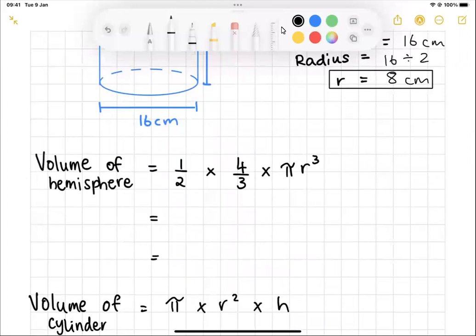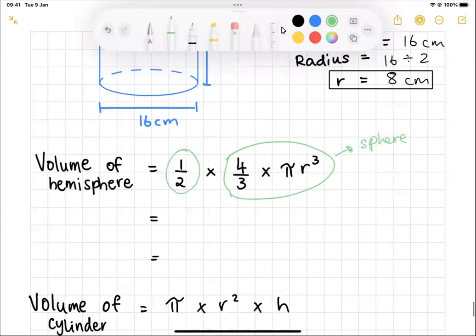I've written down the formula of the sphere, but because a hemisphere is half of a sphere, I've multiplied it again by half. So half times 4/3, following the formula, times pi times the radius, which was 8, to the power of 3. Put that all into your calculator, and this is what you should get.